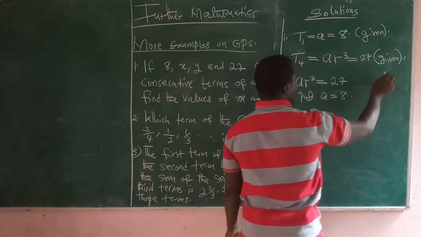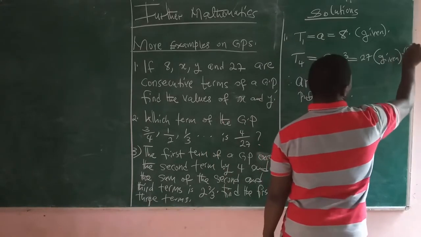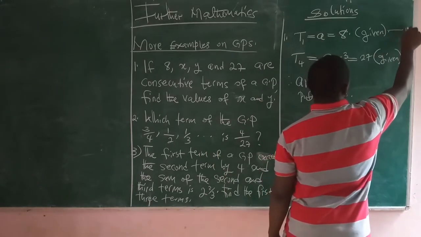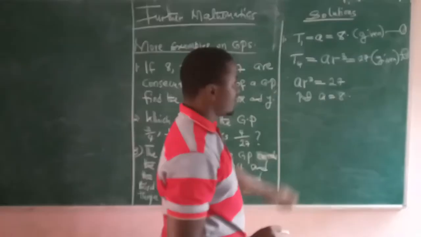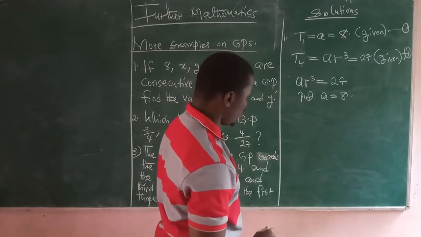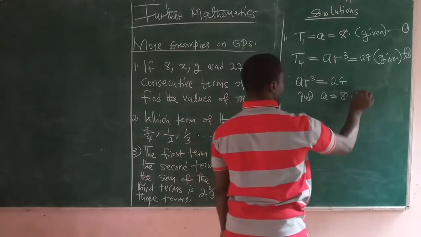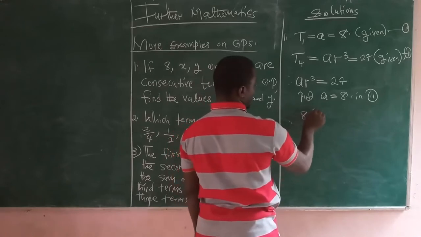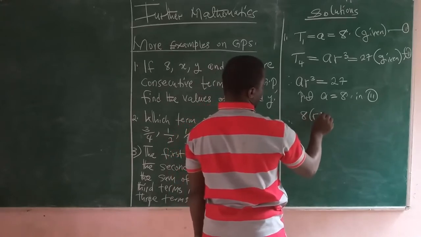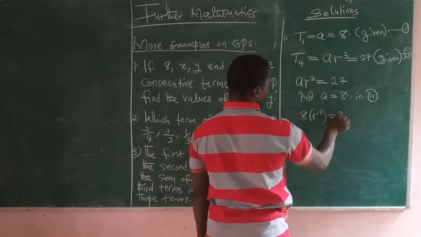Let me call this one 2, and this one 1. So when I put a is equal to 8 in 2, we're going to have 8r to the power 3 is equal to 27.